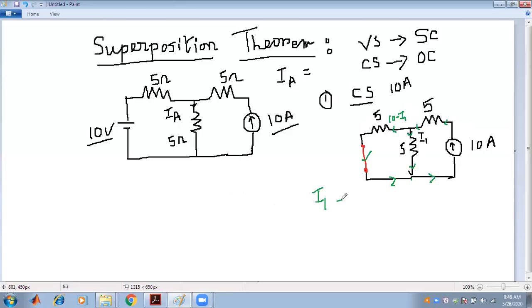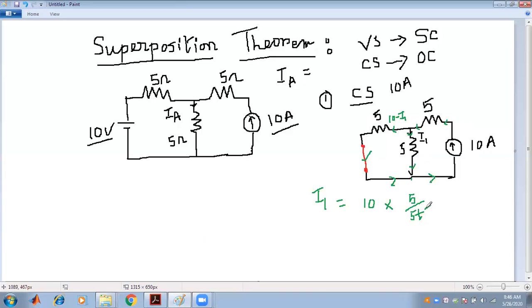so what we will do is, the total current is 10 ampere, and the two resistances, the 5 ohm and the 5 ohm, are connected in parallel. We have to find I1, the current through that branch. So the resistance of the opposite branch is 5 ohm divided by the summation of the two resistances connected in parallel, that is 5 ohm and 5 ohm.